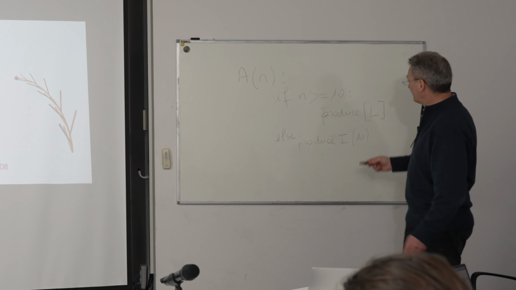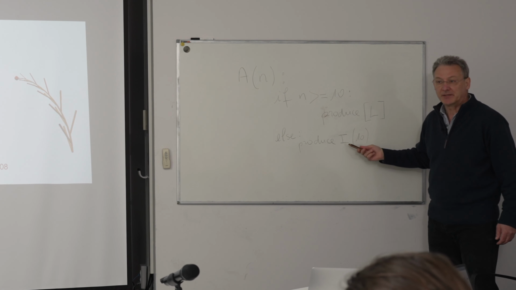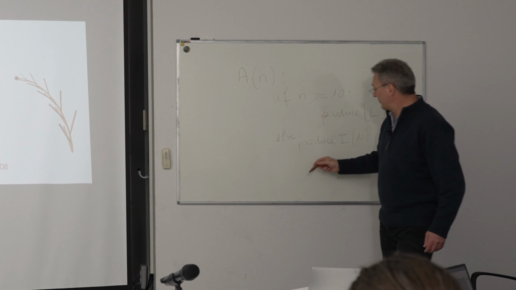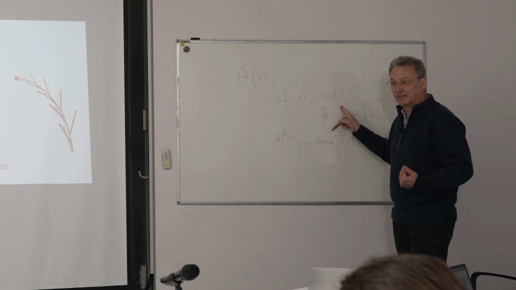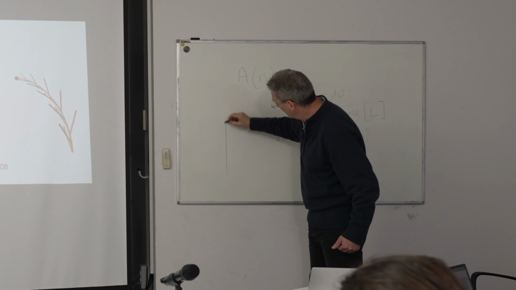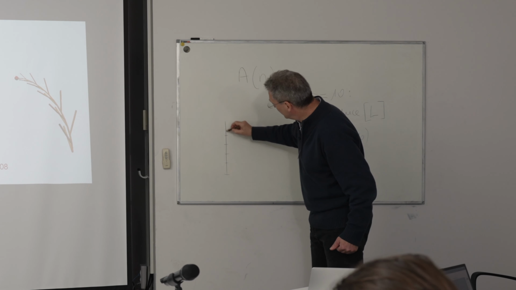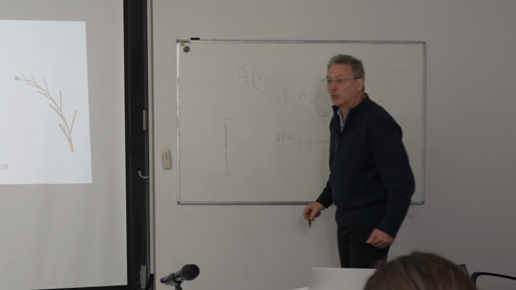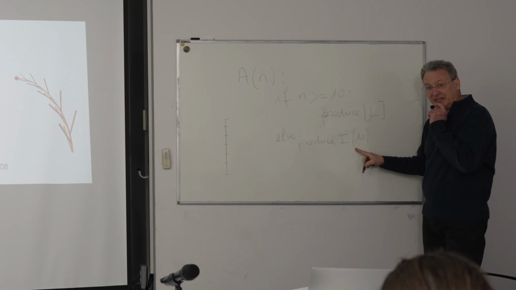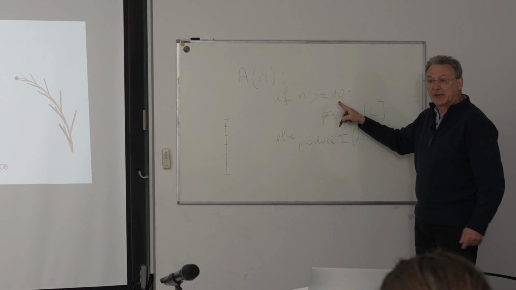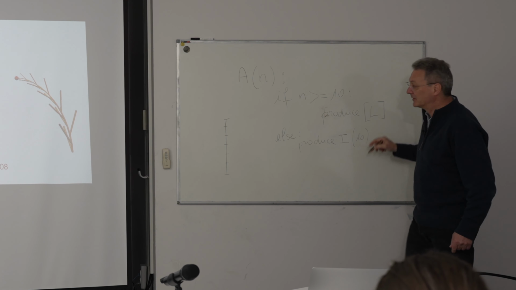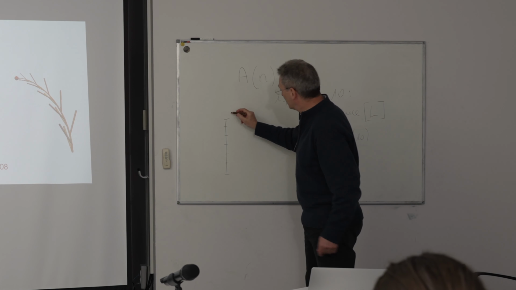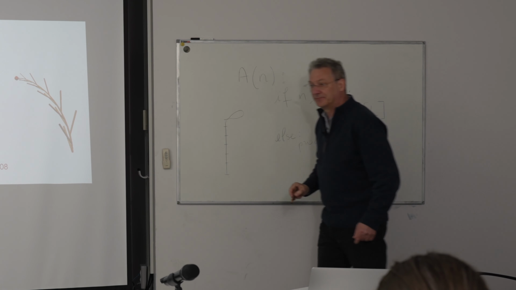If I write this in this way, as long as n is lower than 10, I will produce small internodes. So when I get to the position of 10, this rule will apply and not this rule. And then I will produce a leaf, which is lateral.